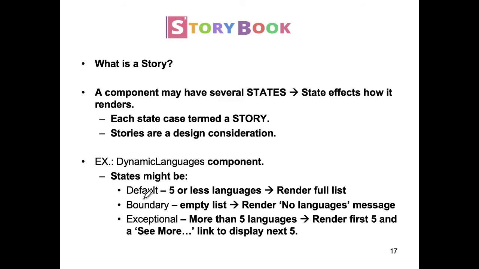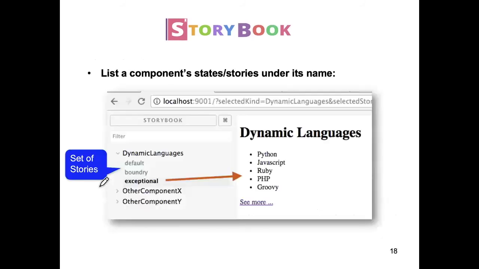We've got to decide how it should react to it. Exceptional is if it gets more than 5. The norm would be when it gets 5 or fewer. So from a Storybook point of view, you have components, and then you have different states or stories associated with that component, and this is how the Storybook tool will display those to you.